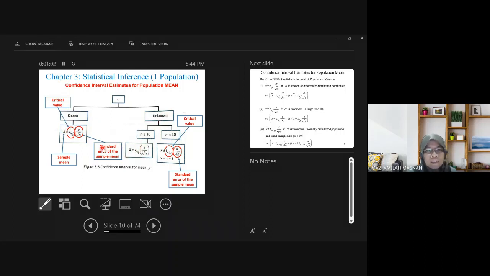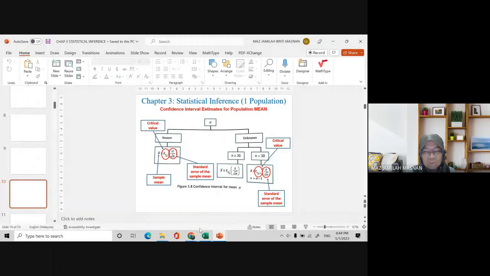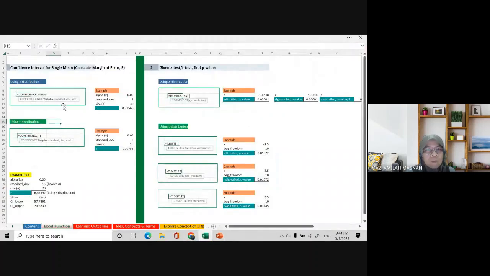This can be checked from the list of formula that I have given to you in the last class. So please make sure that this particular mistake is not done during your assessment, especially. Be careful when to use T and when to use Z distribution.